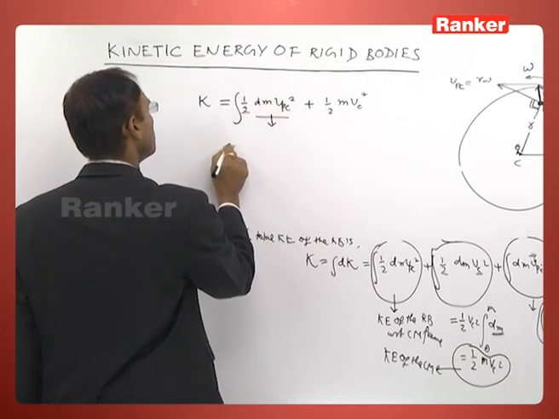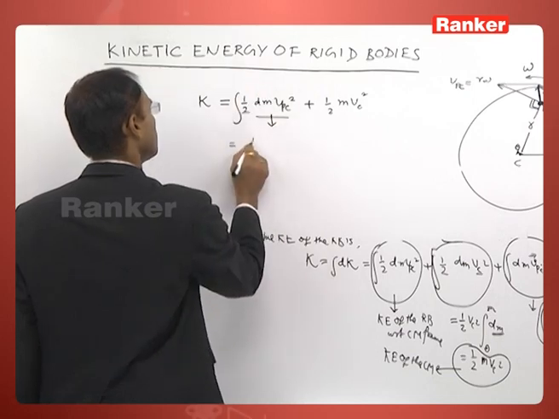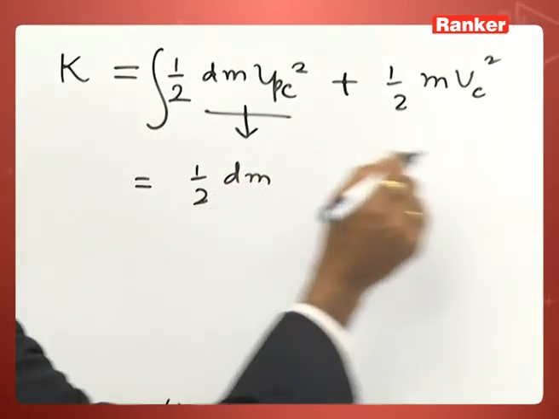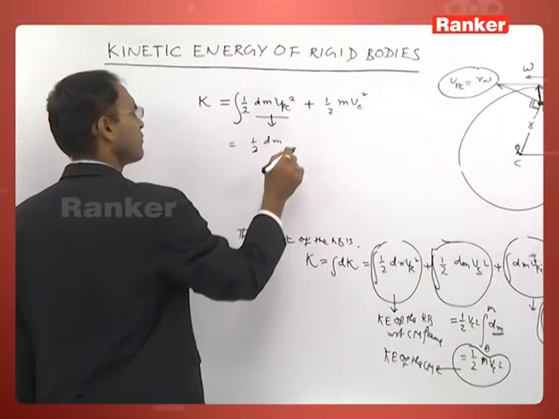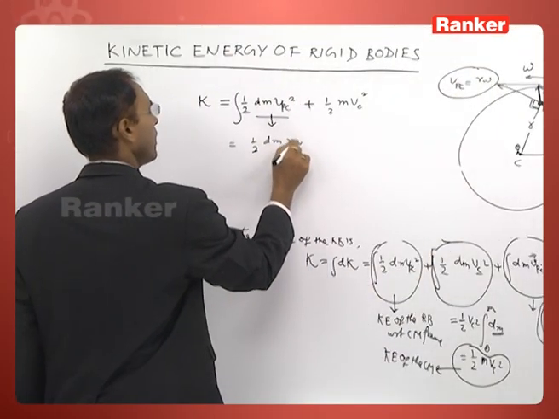To simplify the first term, you can write Vpc equal to r omega.